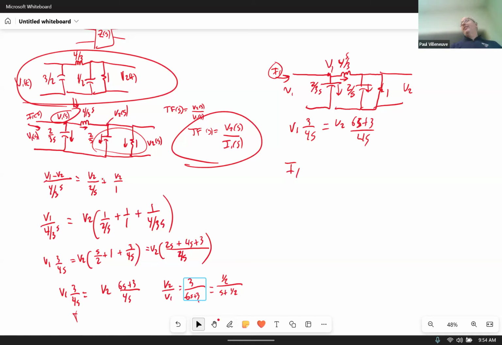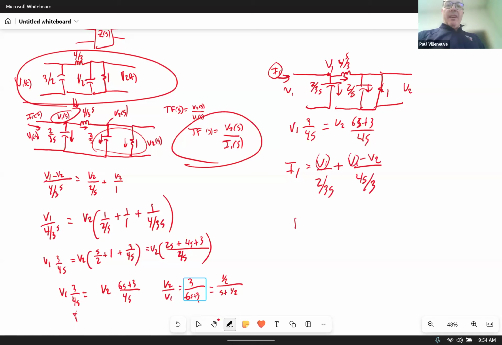Isn't that current into the node? And the current out of the node, V1 over 2/3 S, and then plus V1 minus V2 times 4S over 3, right? So let's go ahead and solve this for V1.